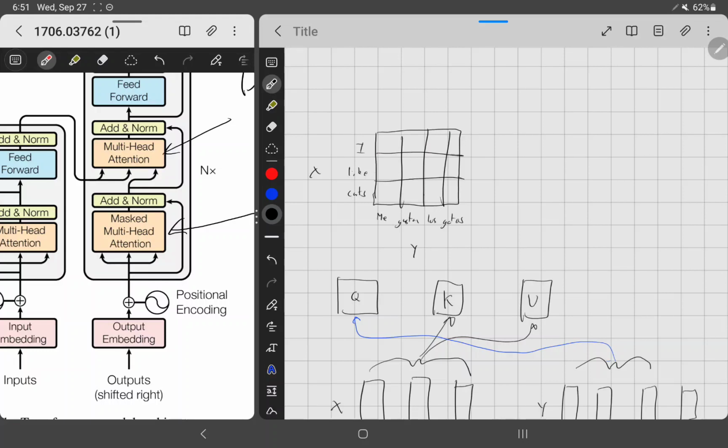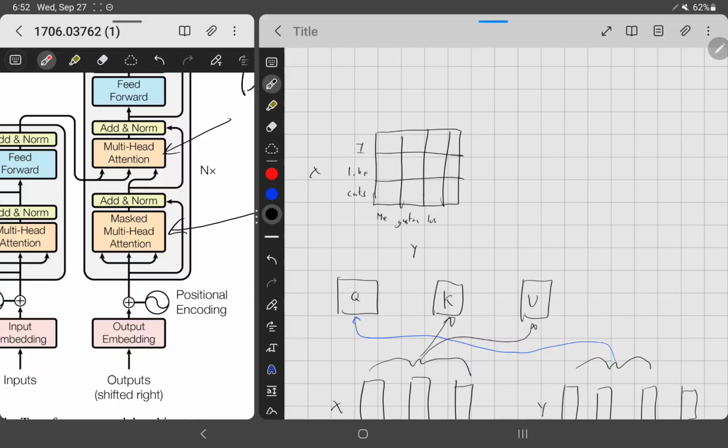So you basically have this attention matrix that is constructed that allows these tokens to send information from the English sequence to the Spanish sequence. That's how you can think of it. The English sequence is sending information to the Spanish sequence you want to generate. In this case, we already have the full sequence, but let's say we don't have gatos here.